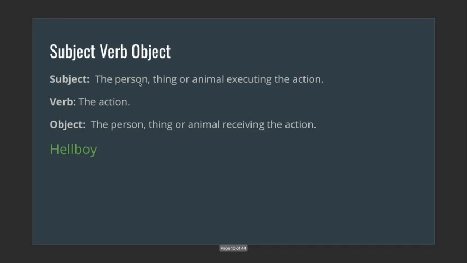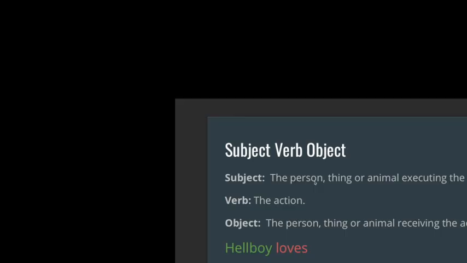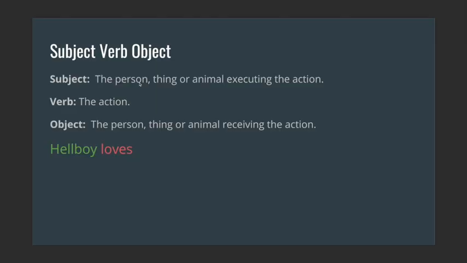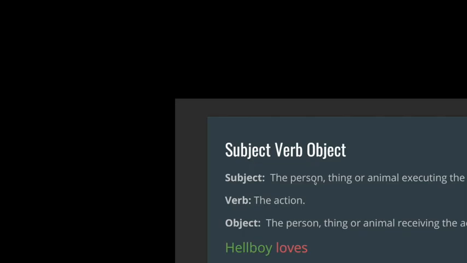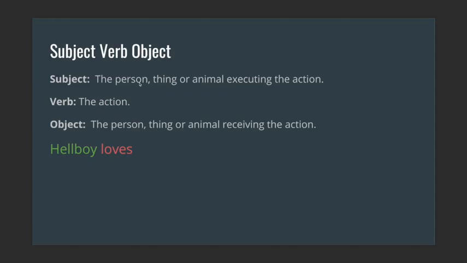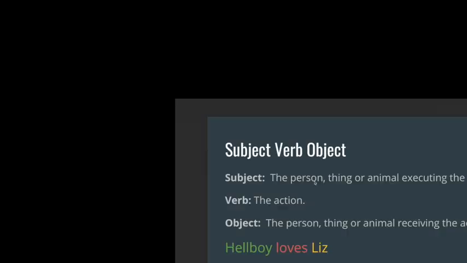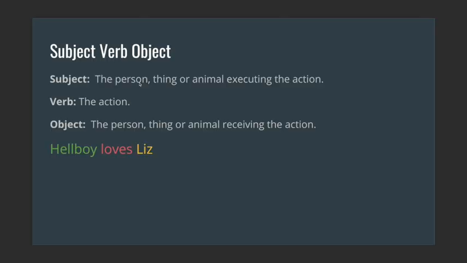For example, a subject, Hellboy. We have the action, loves. So Hellboy is the one that is executing the action. He is the one that loves, not anybody else. Only Hellboy loves in this sentence. And then Liz is the object of the sentence because she is not executing the action, she doesn't love, but she is being loved.